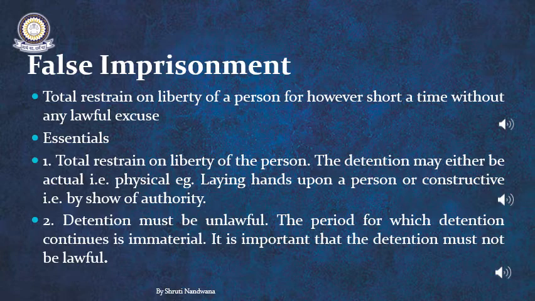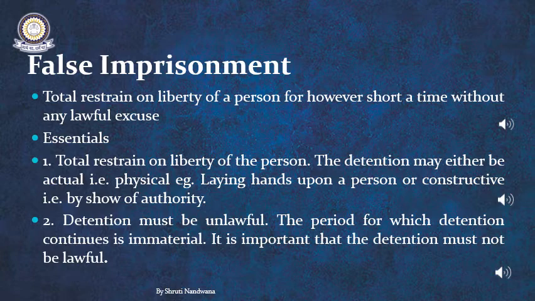Having understood the definition of what false imprisonment is, now let us look at its essentials. The first essential is, as we've already understood, a total restraint on the liberty of the person. Now the detention which a person is under, or the imprisonment as you may call it, can be either actual, that is physically. You lay your hands on the person, you put that person in a room and you actually lock him, that is actual.